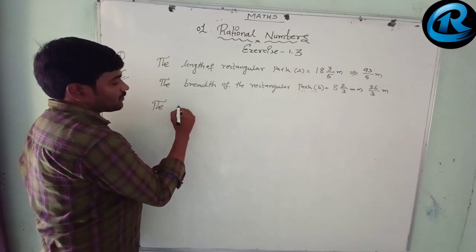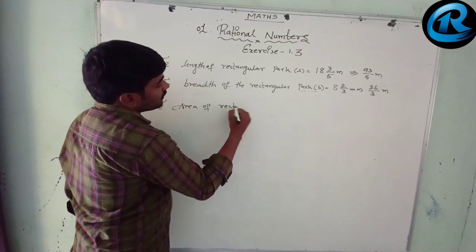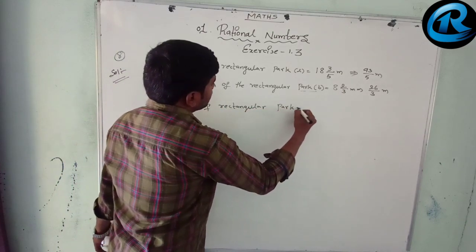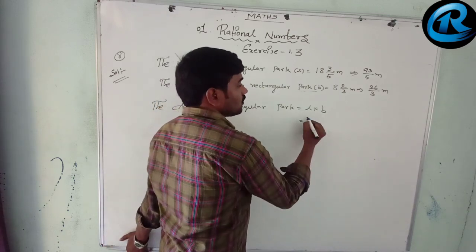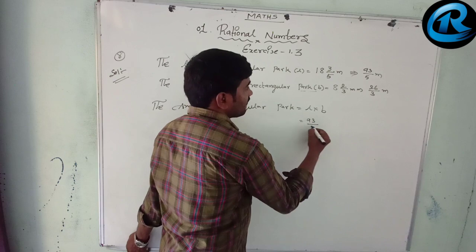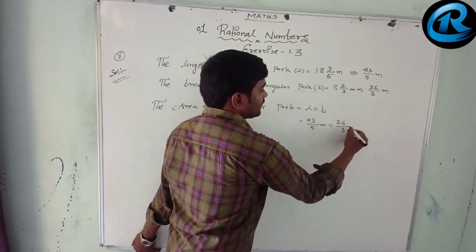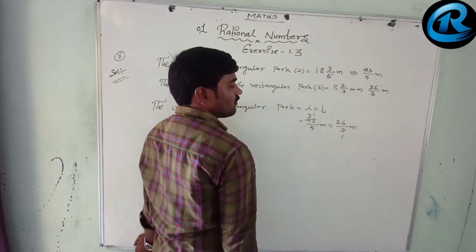The area of the rectangular path equals the formula L into B, length into breadth. So L is 93 by 5 meters into breadth 26 by 3 meters. 3 ones are 3, 3 3s are 9 and 1.